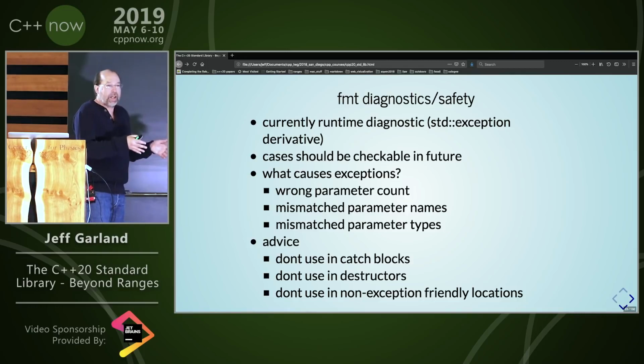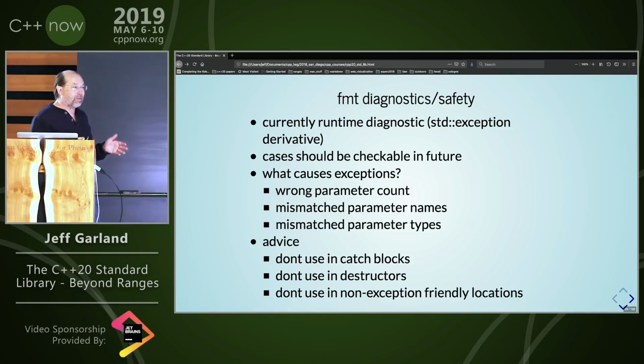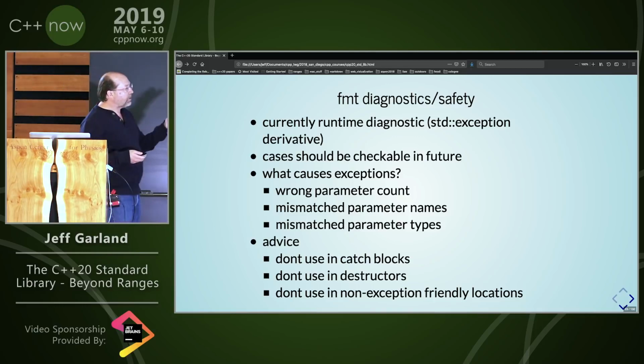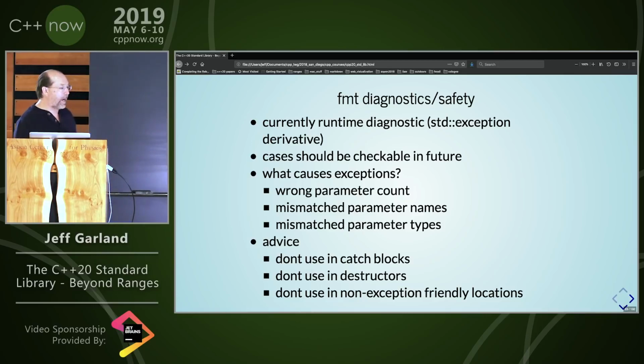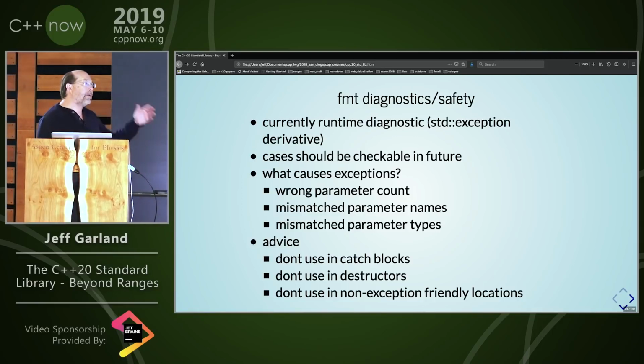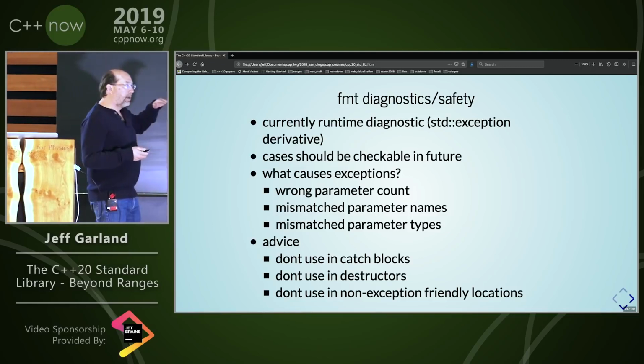I think Hannah presented in the keynote almost all the machinery that would be necessary to do that checking. However, it is not specified in the standard that that is what is going to happen. So what can cause an exception? One thing is if you have the wrong count of parameters. I'll show you examples of these. If you have names that don't match, if you have types that don't match, in all of those cases you can get an exception.